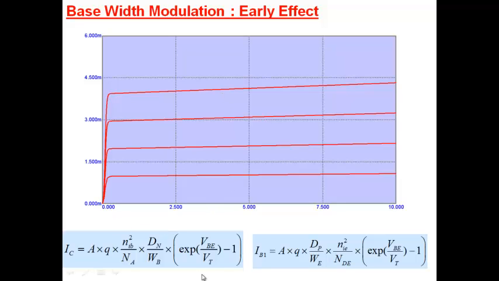So this model that we had derived, IC equal to the saturation current times exponent VB by VT minus 1, is obviously not complete because we are seeing a dependence on collector voltage here. So we have to add another term which denotes the collector voltage part.